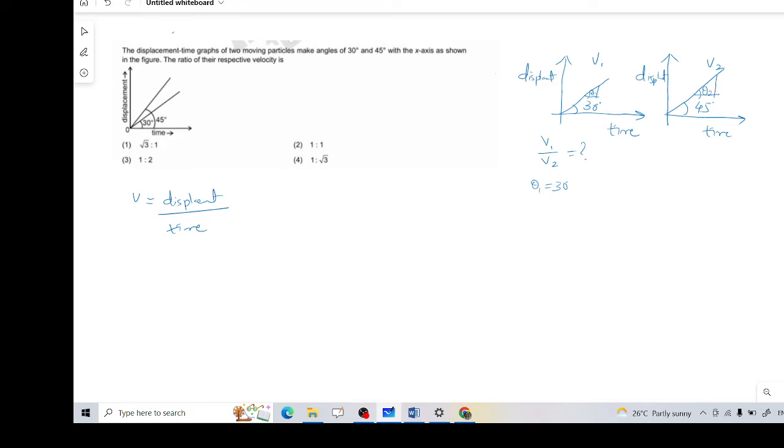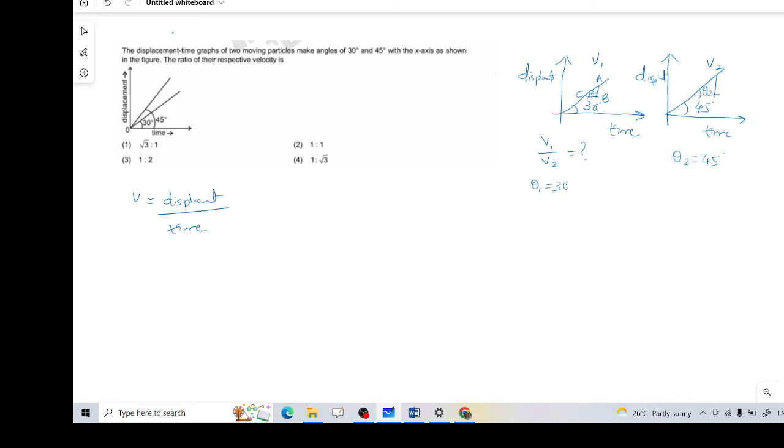So this theta 1 is 30 degree, and here theta 2 is 45 degree, because this angle and this angle will be the same. From this slope, I can take the triangle ABC.